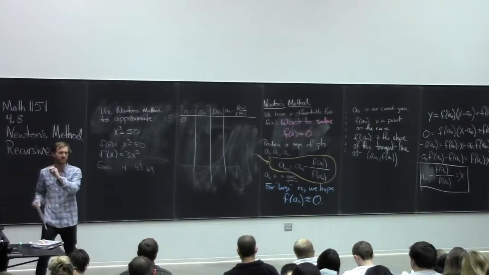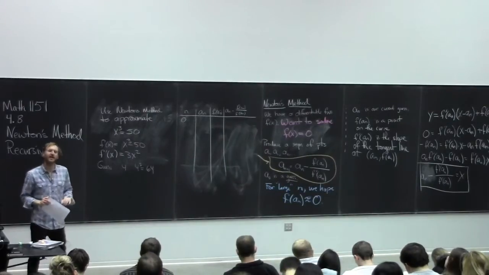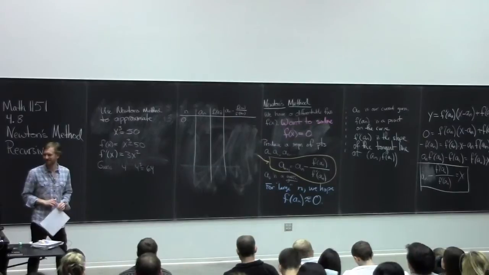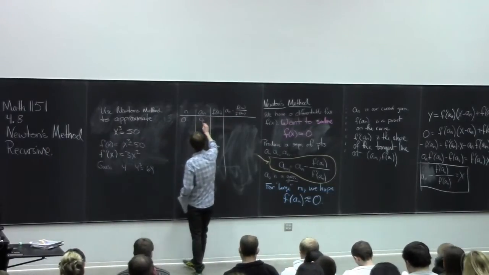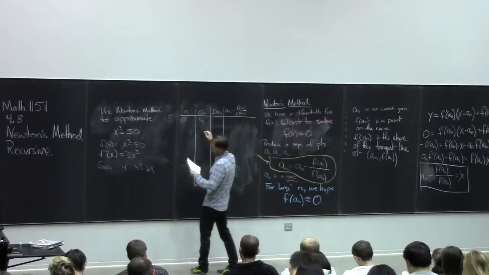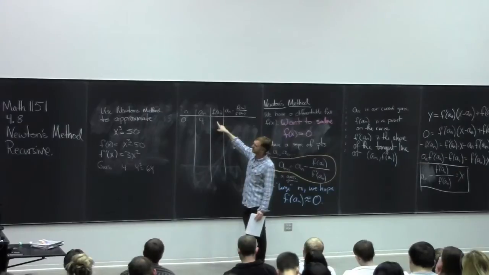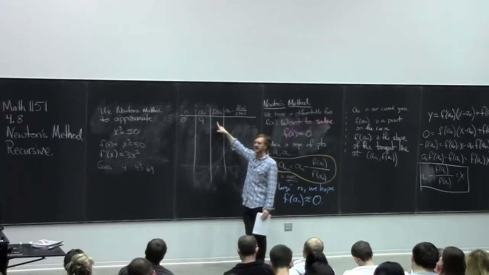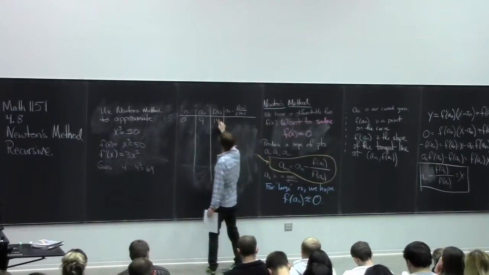So 0 is our first guess. And I basically demanded that we pick 4 as our first guess. So 4. This is a_0. What's f of a_0? What's 64 minus 50? 14.